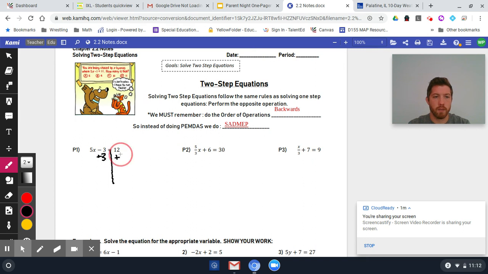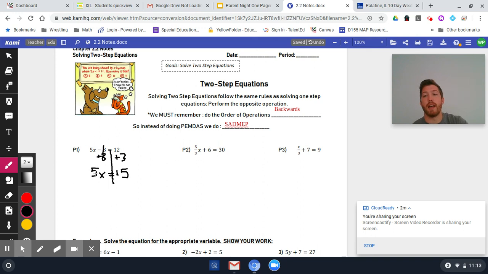And then these cancel out nicely right there. We bring down our 5x, and that equals 15. So we got 12 plus 3, which is 15. Now, typically, we were able to stop here because the x was isolated. We always want to isolate our variable. In this situation, our variable is not by itself yet.